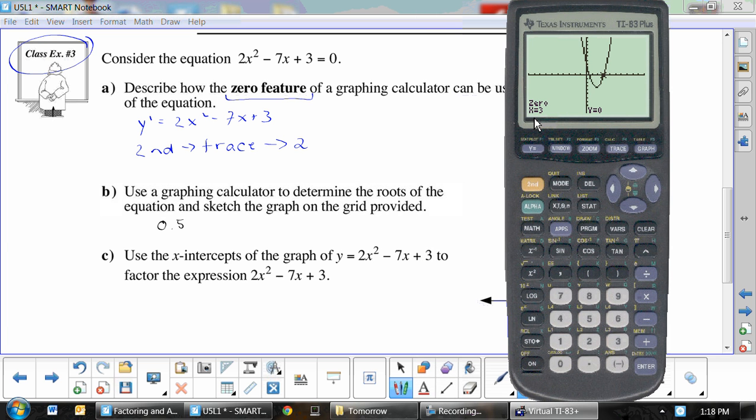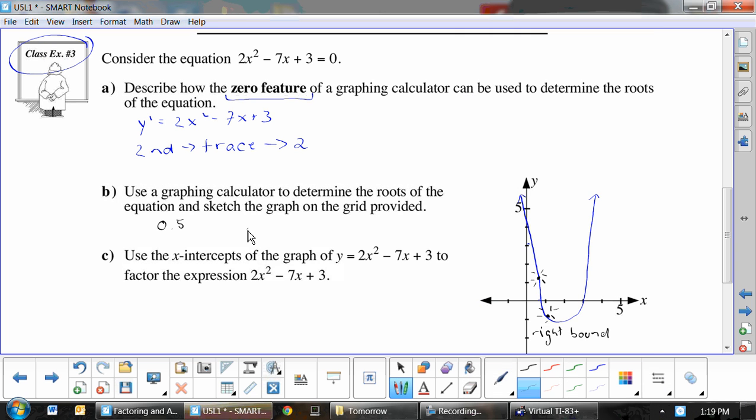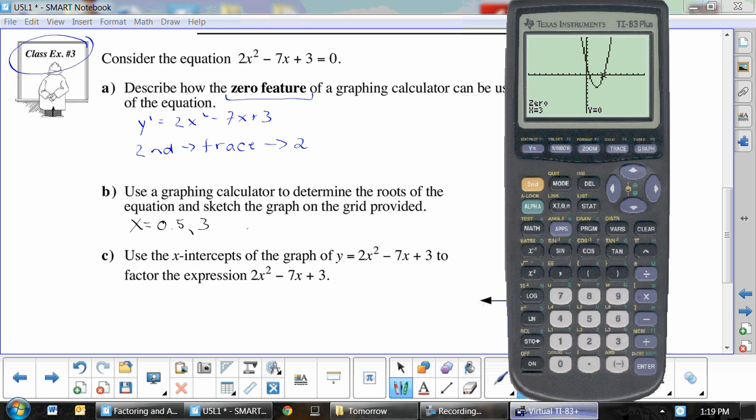If you're getting an error, it means that you're not crossing the x-axis. So make sure your y changes from a positive to a negative or a negative to a positive. So 0.5 and 3. This is the harder way to do it. So I'm going to show you the easier way now, okay?